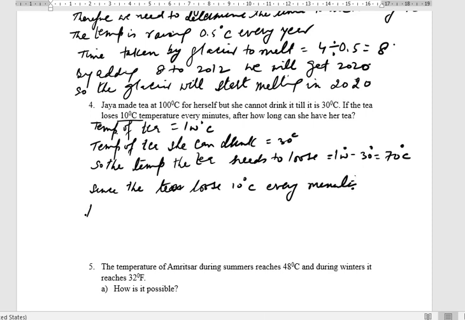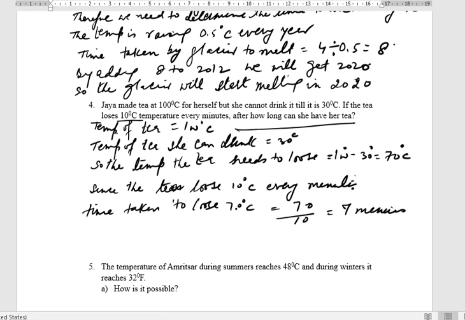Time taken to lose 70 degrees Celsius will be 70 degree upon 10 degrees. So it will be 7 minutes. It is asked after how long she can have the tea. She can have the tea after 7 minutes. I think it is clear.